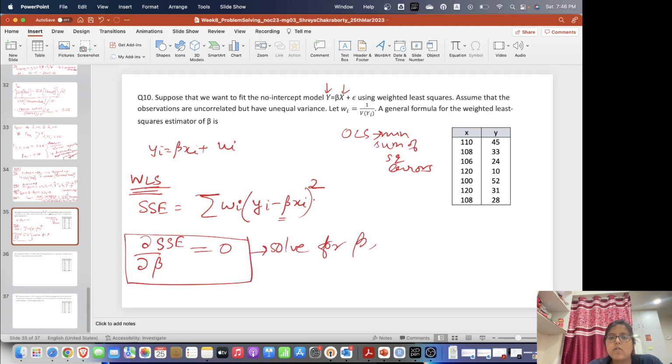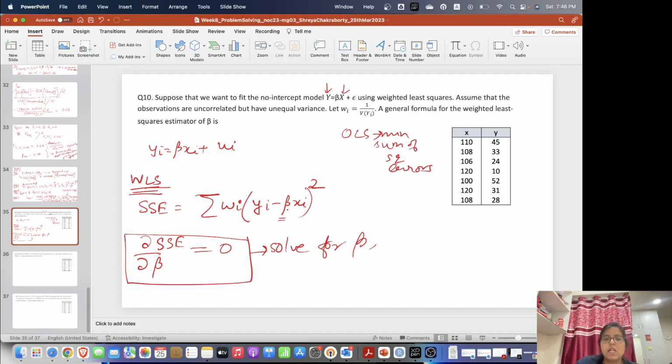Here we have only one regressor and one response with no intercept term.